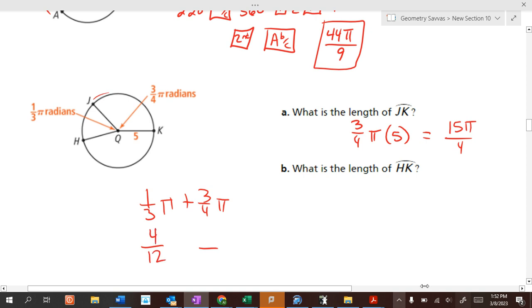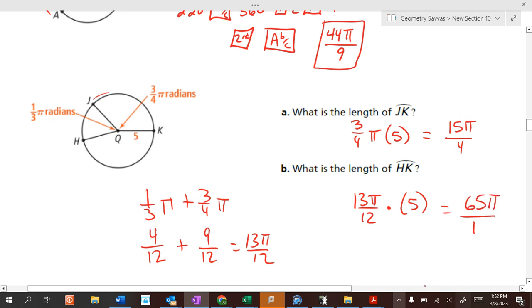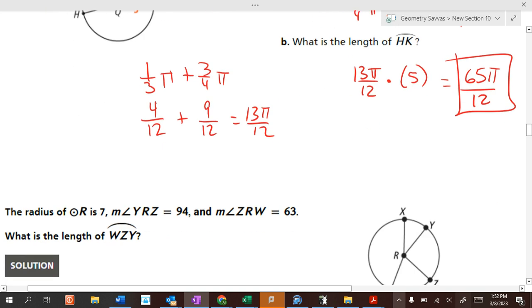This is 4 out of 12 plus 9 out of 12, which is 13 pi over 12. So we're going to take 13 pi over 12 times 5. Well, 13 times 5 is 65. So 65 pi over 12. There we are. Okay? That's arc length now.